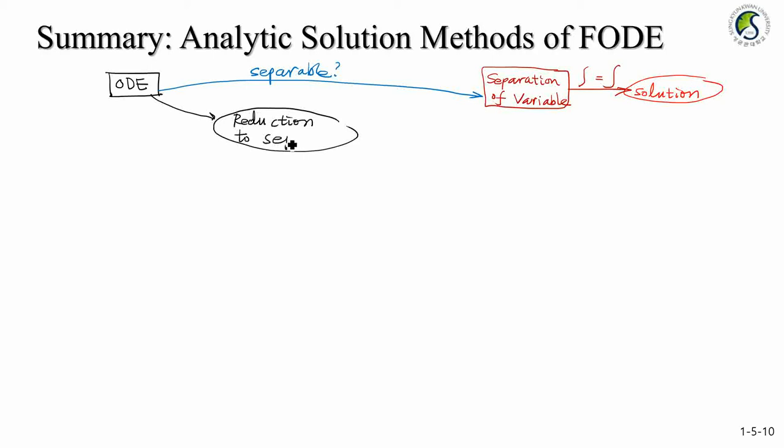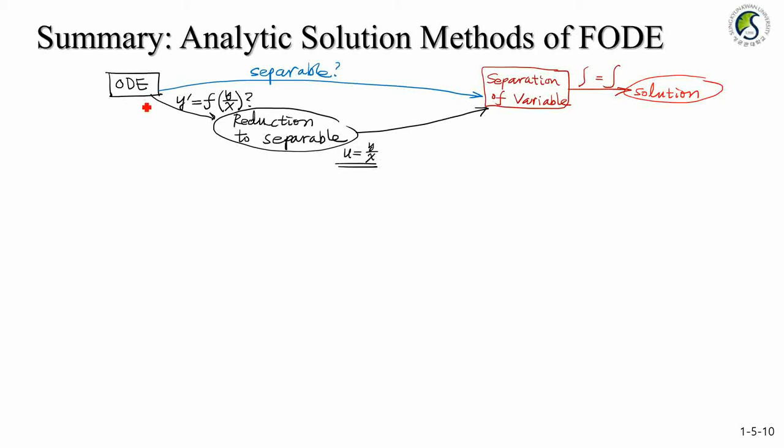Some differential equations in this form can be reduced to separable, so you could check if it looks something like that. Once it's a reduction to separable, then you go to separation of variables again, and then you get the solution. Here you change variables, y over x to u, and then you apply that.